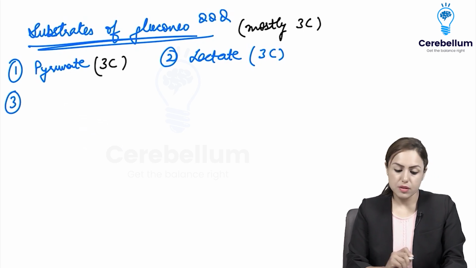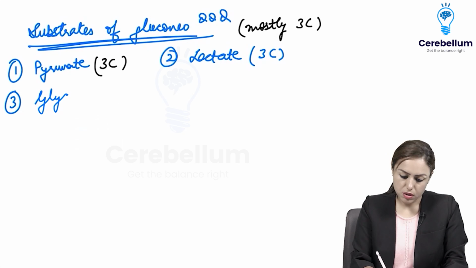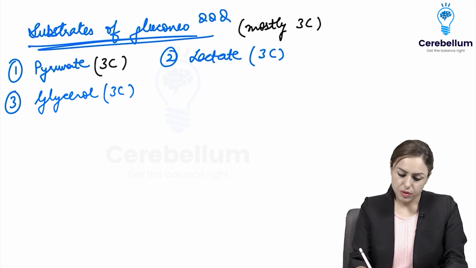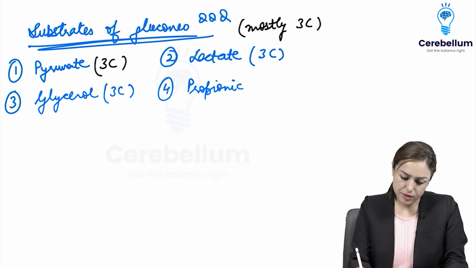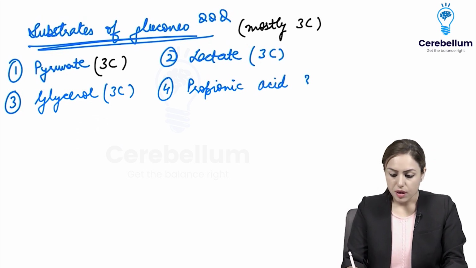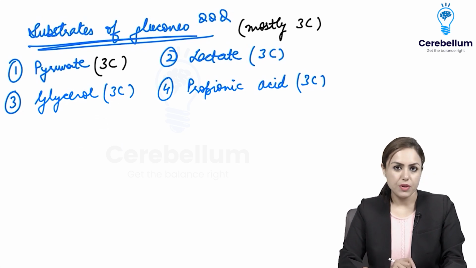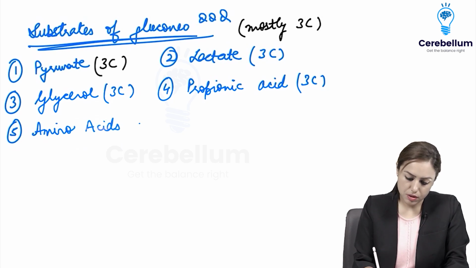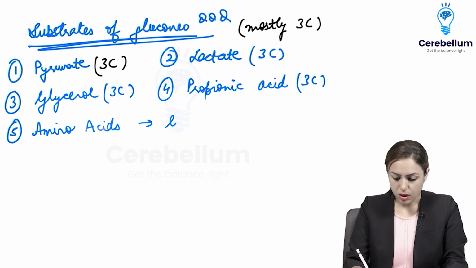Then third is glycerol. Glycerol is also a 3 carbon alcohol, right? Then fourth is propionic acid, which is derived from odd chain fatty acids. This is also 3 carbon, right? Then fifth is amino acids. Which amino acids?